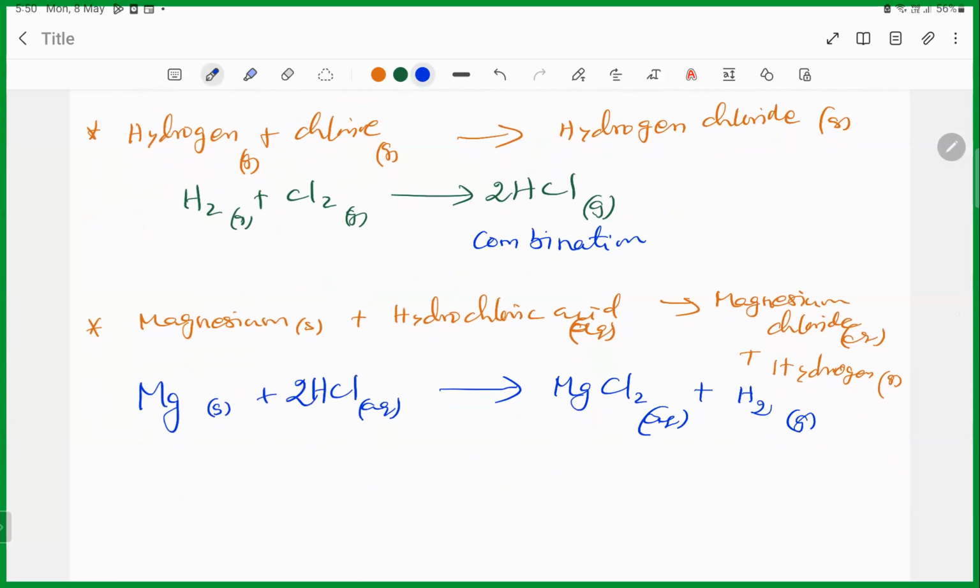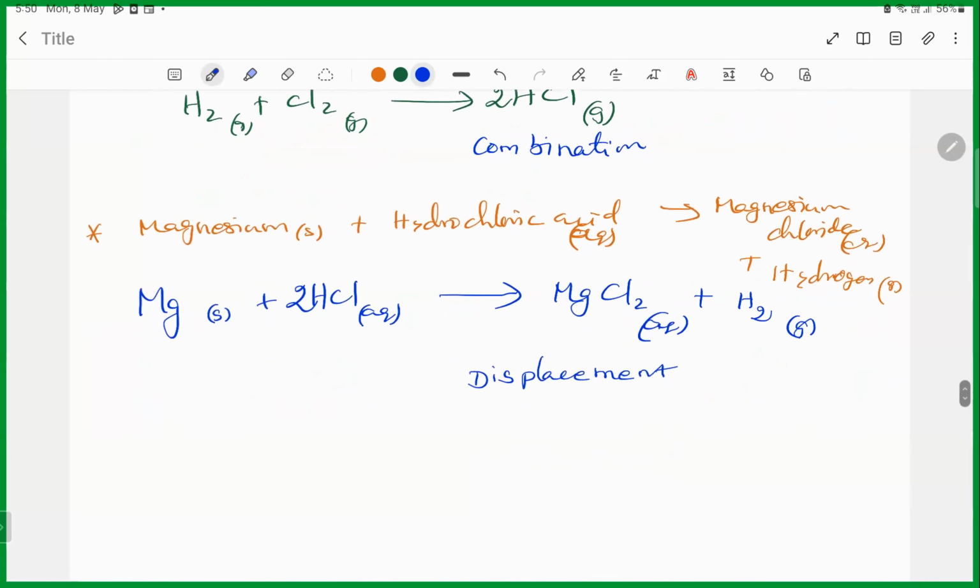Very good. What type of reaction is it? Displacement. Which is displacing which one? Magnesium is displacing hydrogen and giving out hydrogen gas. Okay.